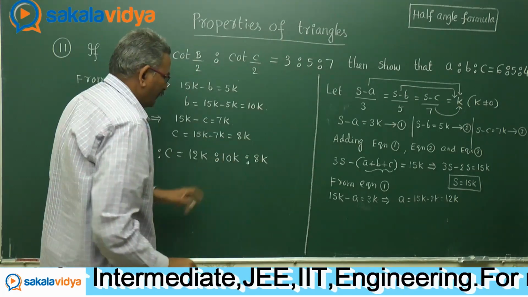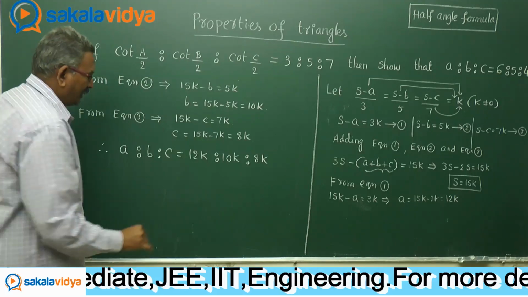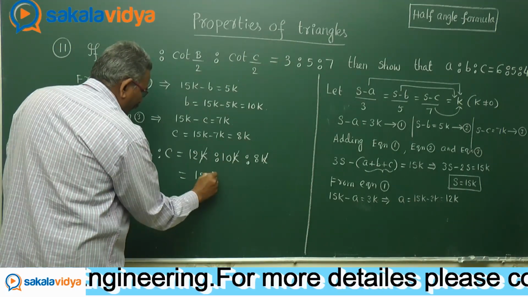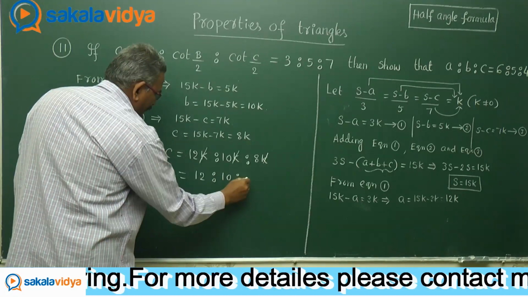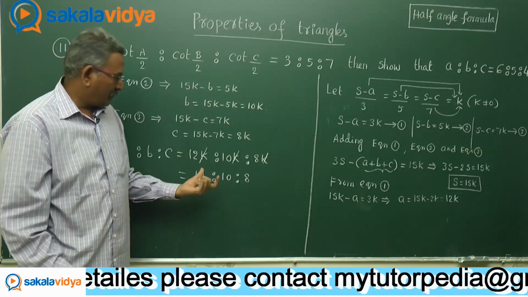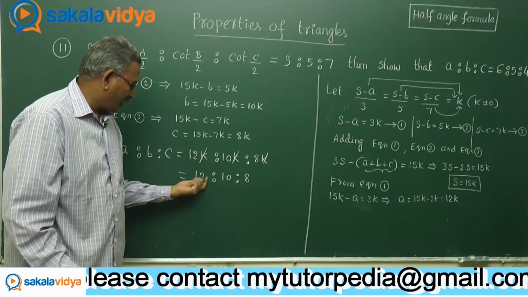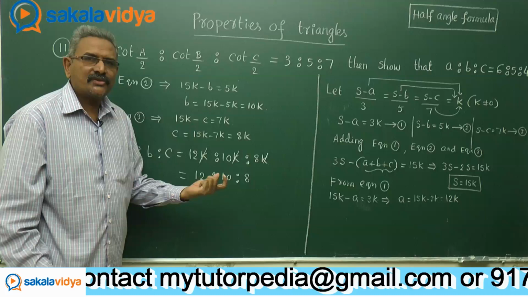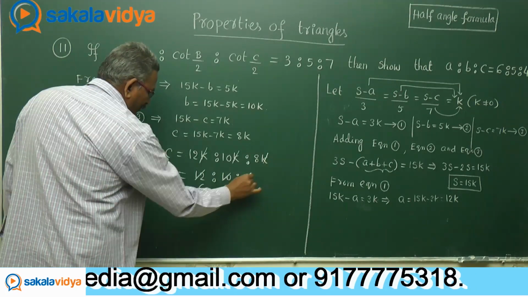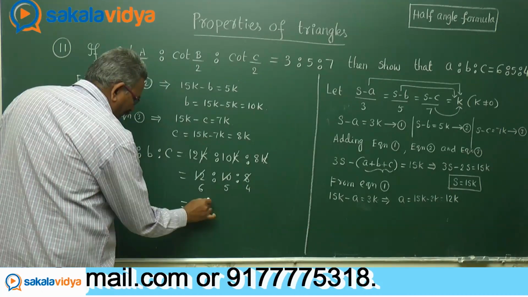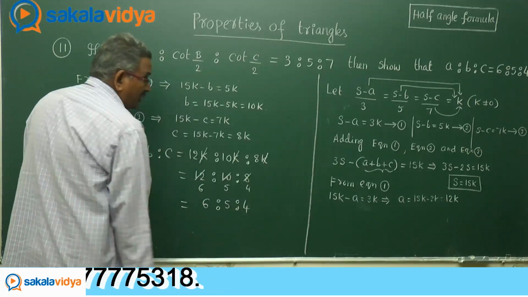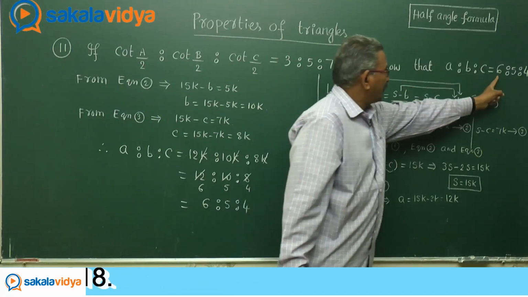It is the ratio among A, B, C. We can cancel k, k, k and have 12 is to 10 is to 8. We need to express it in the simplest form. What is the common factor for 12, 10 and 8? Let us try 2: 2 sixes, 2 fives, 2 fours. Hence the simplest form is 6 is to 5 is to 4. This is what needed to be proved.